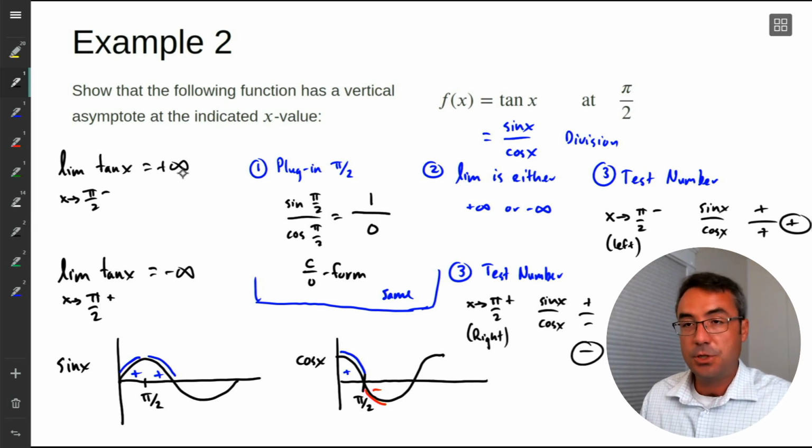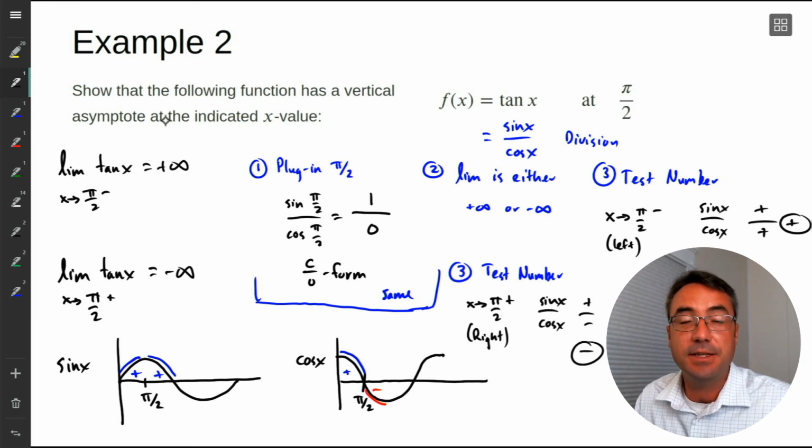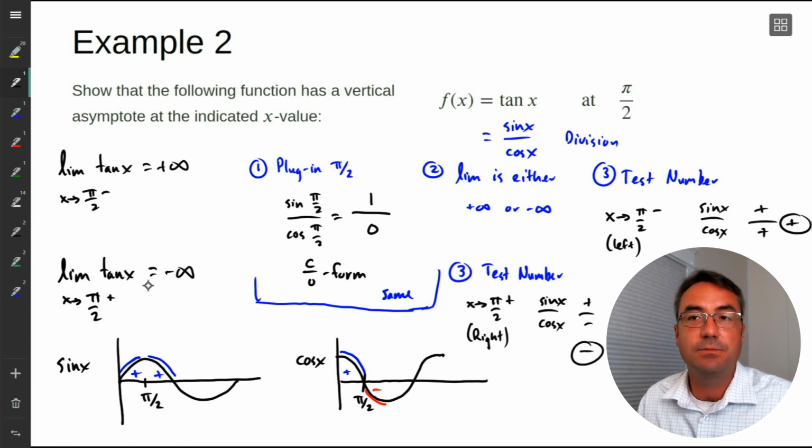And showing one of these is enough to show that our function has a vertical asymptote, but it's helpful to just get into the habit of seeing what both are doing. So on the left side, our function is getting very large positive, and on the right side, our function is getting very large negative. So this is enough to show that we have a vertical asymptote at pi over 2, at x equals pi over 2.